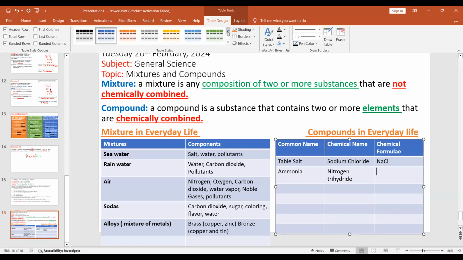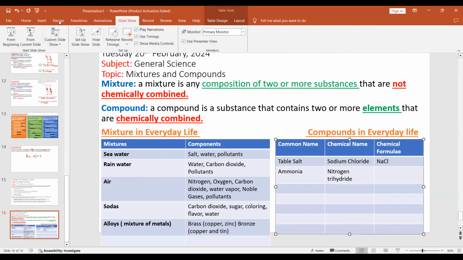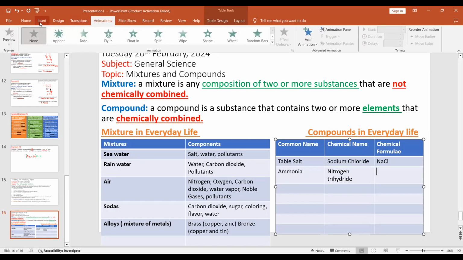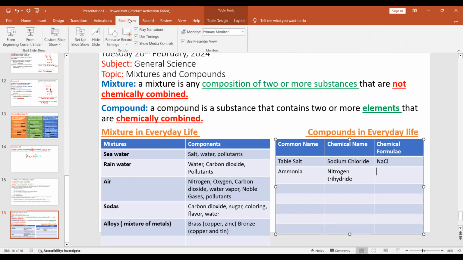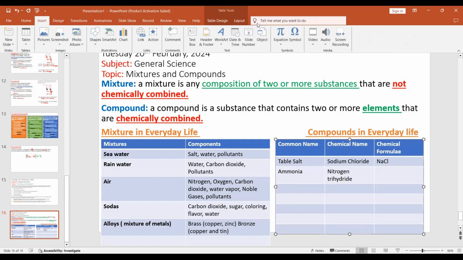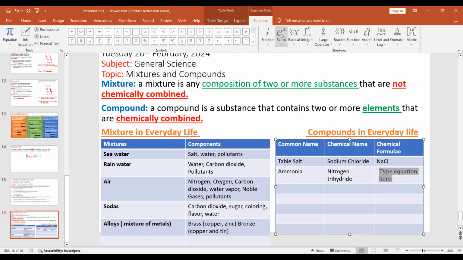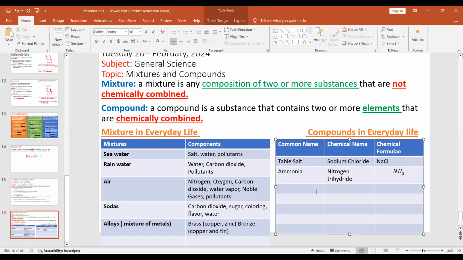Capital N. Iron is a metal, but iron could be combined with oxygen and you get iron oxide, and that's a compound. So it's gonna be capital N, with a subscript, so NH3. That's nitrogen trihydride.